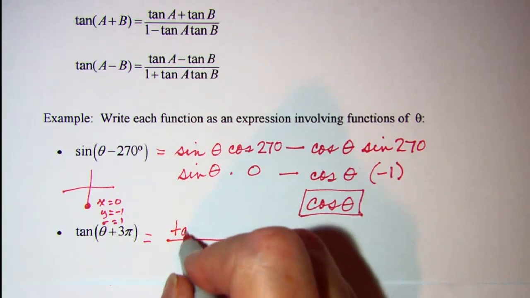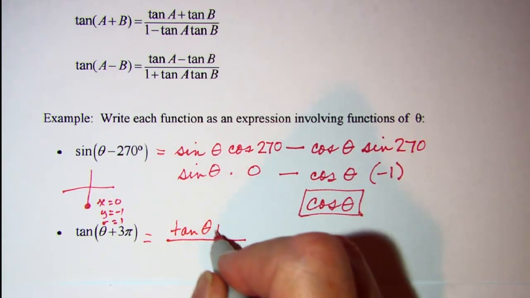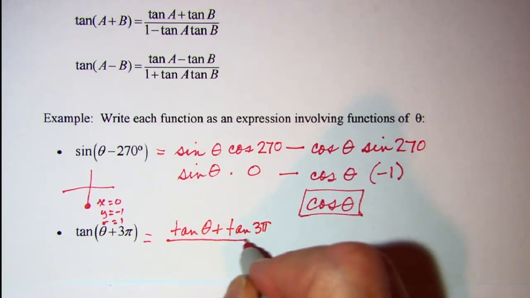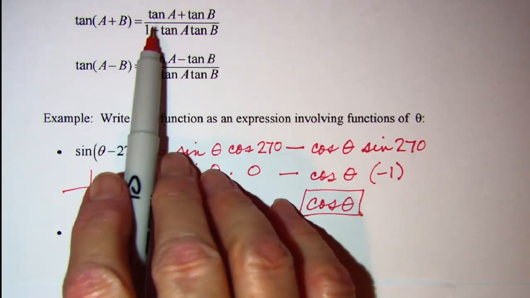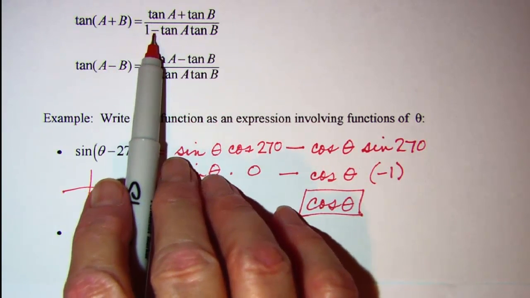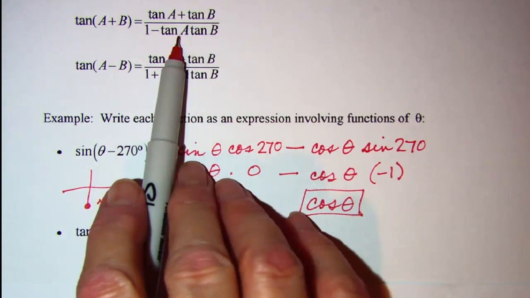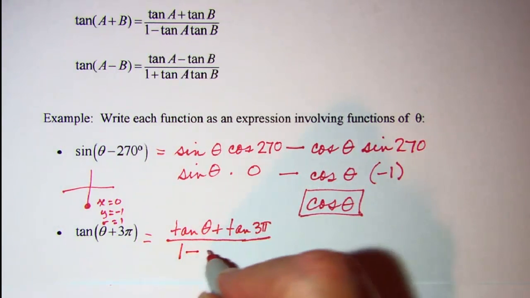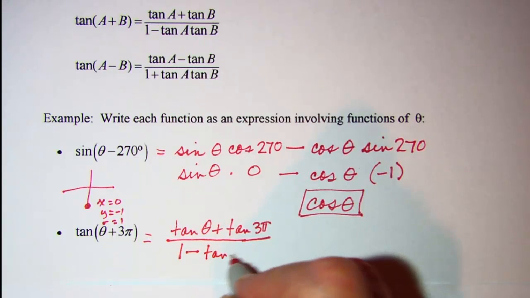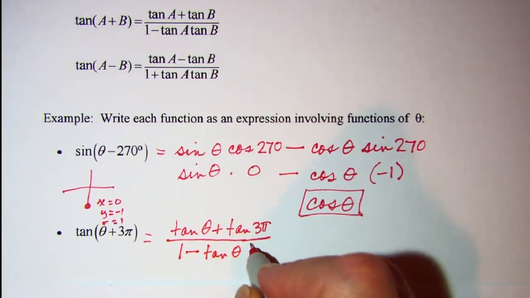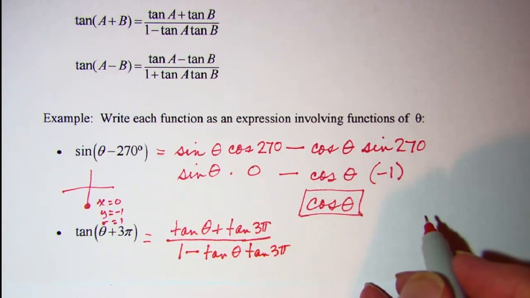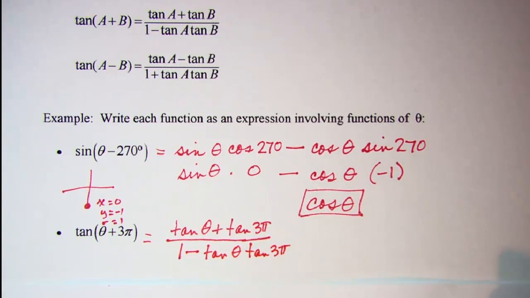So this will be tangent theta plus tangent 3 pi. And then in the denominator, we have 1 minus the product of the two tangents. So 1 minus tangent theta tangent 3 pi.